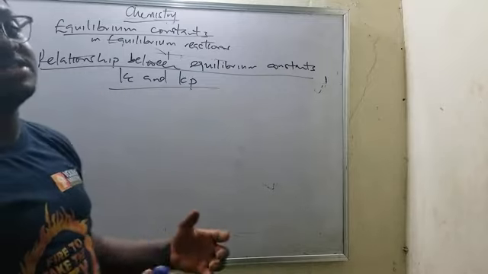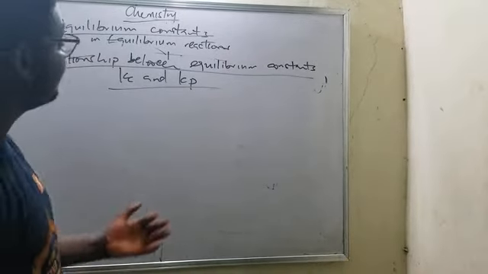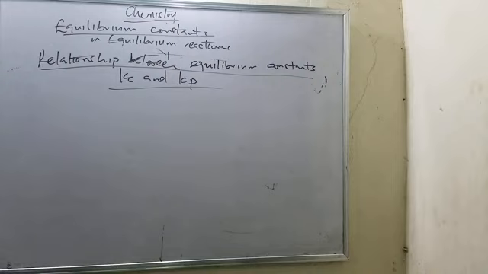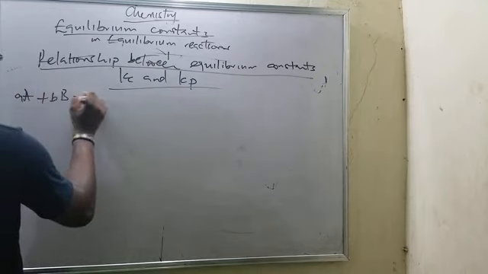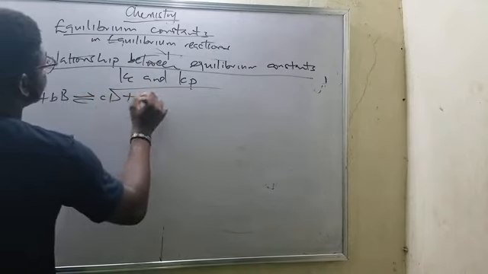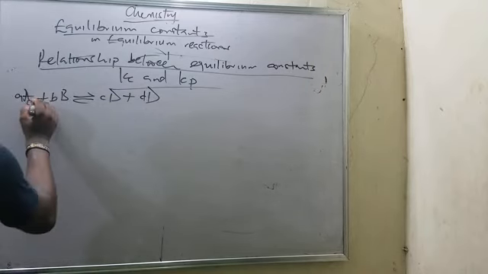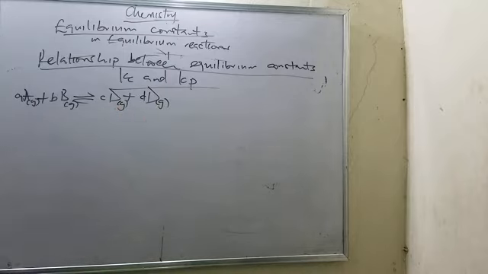There is a relationship that exists between them, and this relationship is derived from a formula that we will be going into right now. Let's still take our hypothetical equation where we have A plus B to give C plus D. Let's assume they are all in the gaseous state, because this Kp is talking about gases and pressure most especially.